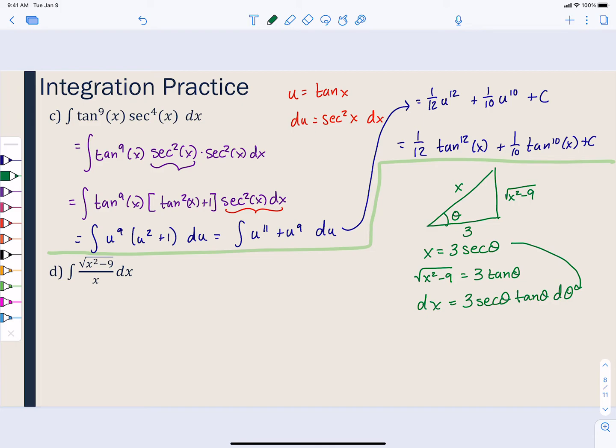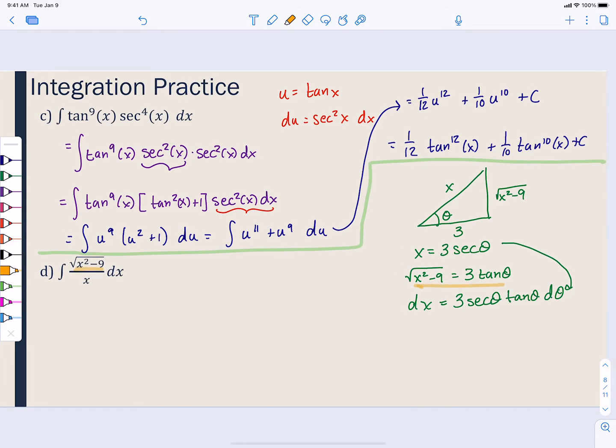So now we can use all three of these to substitute into our equation here, and we're going to get the integral of 3 tangent of theta divided by 3 secant of theta times 3 secant of theta tangent of theta d theta.